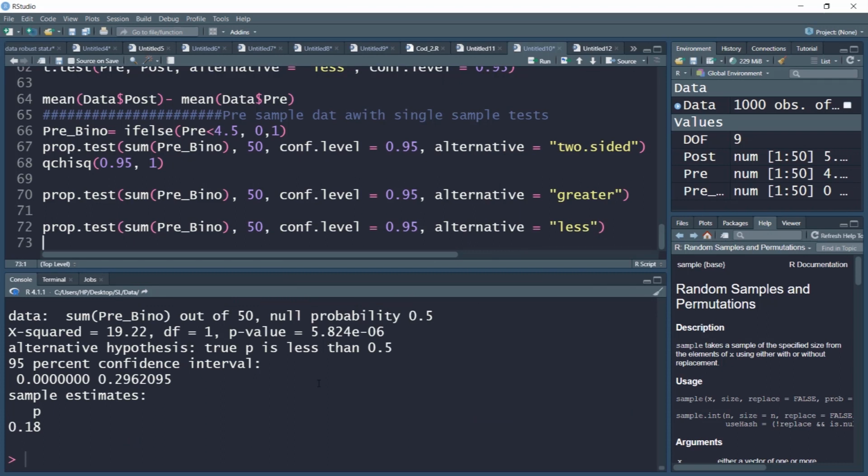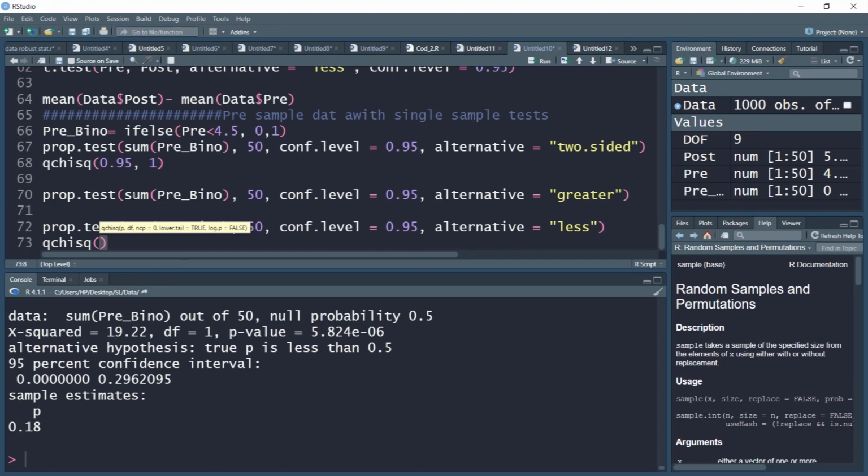That means my chi-square value and p-value clearly indicate that with a lot of significance we can say that if I pick any individual randomly, the chances that his score is 1 is less than 50%. Now I can also apply the chi-square test here. How? I can simply put qchisq.